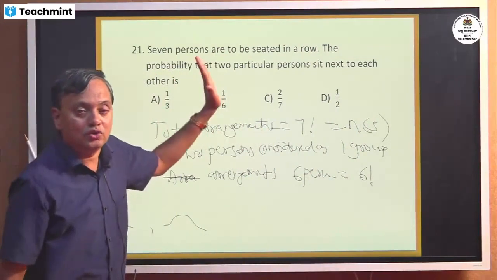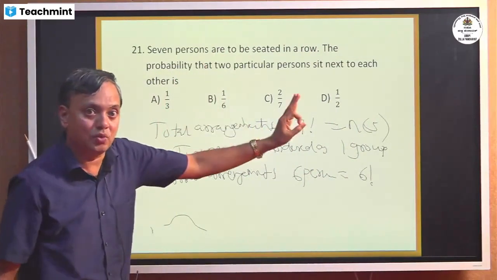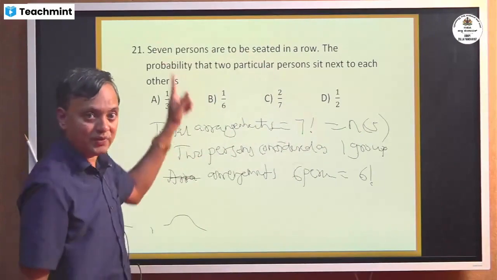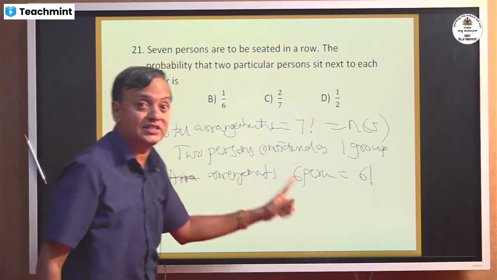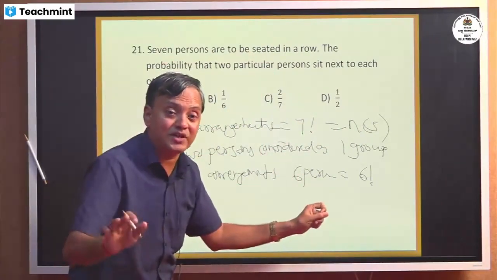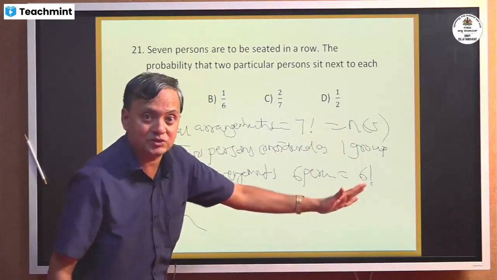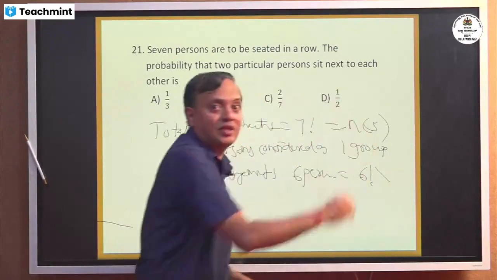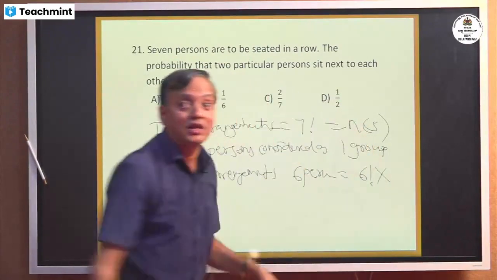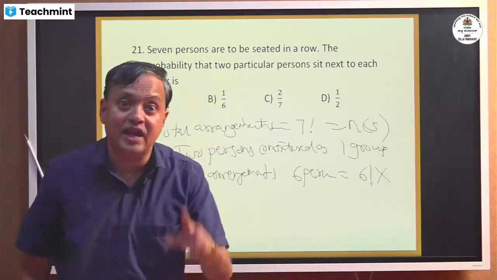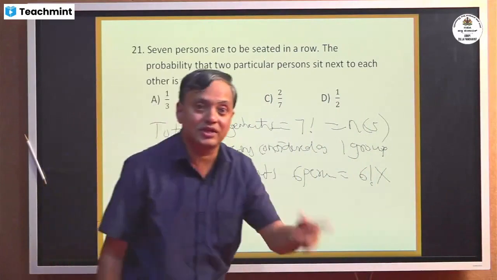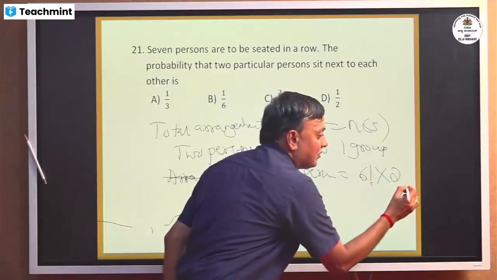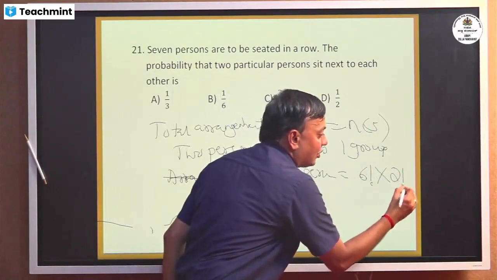So take the 2 particular persons as one group, then it is 1 plus the remaining 5 persons, totally 6 different persons, which can be arranged in 6P6 or 6 factorial ways. But here, by the fundamental principle of counting, those 2 particular persons can be arranged among themselves in 2P2 or 2 factorial ways.